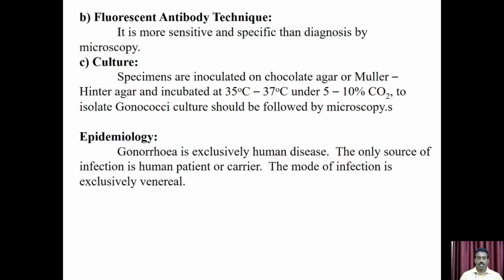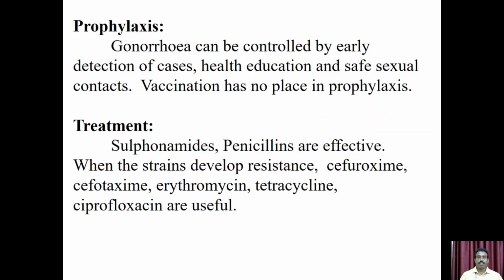The only source of infection is a human patient or carrier. The mode of infection is exclusively venereal. Prophylaxis. Gonorrhea can be controlled by early detection of cases, health education and safe sexual conduct, and vaccination has no place in prophylaxis.